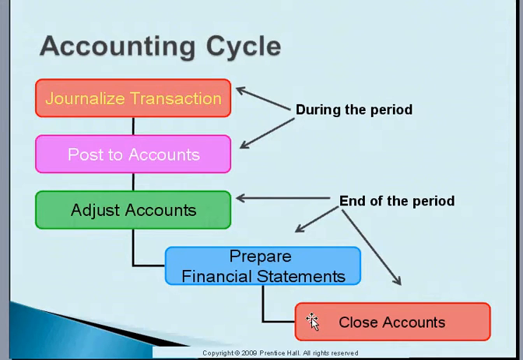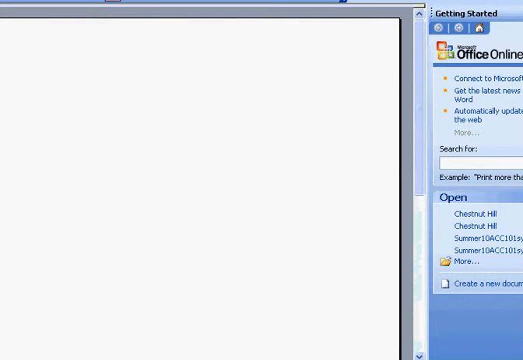This is a later objective in Chapter 4. And lastly, after the accounts are closed, we prepare a post-closing trial balance. So, the accounting cycle for Mr. Cunningham looks like this. Okay?